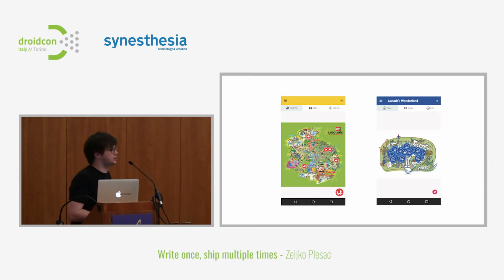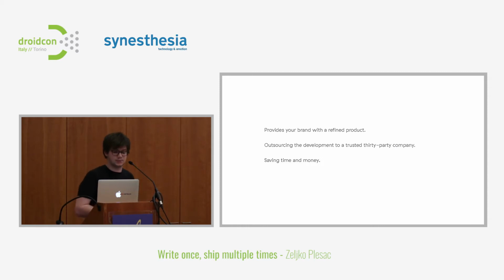So what are the advantages of white label systems? The first thing is that you provide your brand with a refined product, and the second awesome thing is that you outsource development to a trusted third-party developer. This basically means that you save time and money because you buy a product which is already battle tested in production.